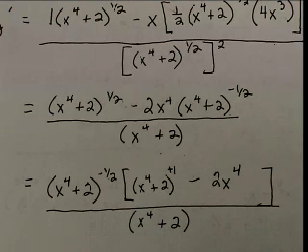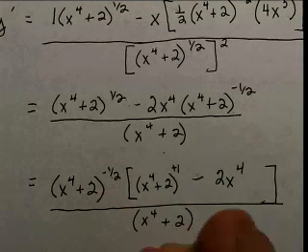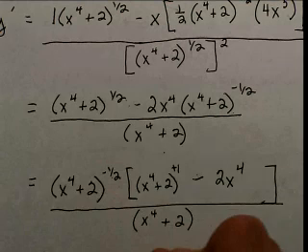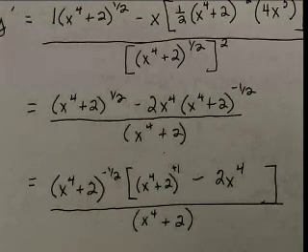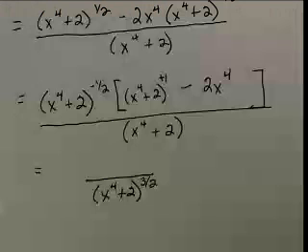I'm going to end up with x to the fourth plus 2 to the 3/2 in the denominator. And what's left inside the numerator, written as simply as possible. And if you combine like terms, I'd write it 2 minus x to the fourth.